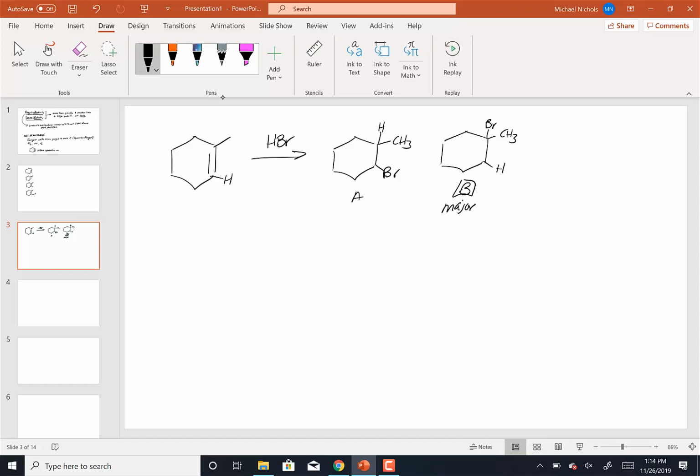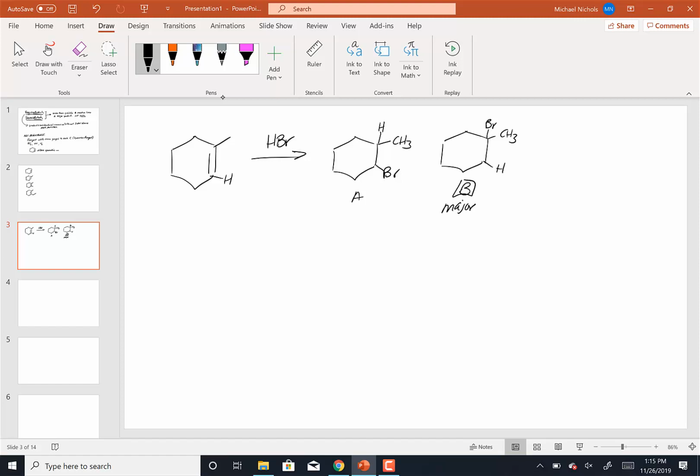So in this case, does this fit selectivity? I have two products, check. They are structural isomers because one is 1-bromo-2-methyl cyclohexane and the other one is 1-bromo-1-methyl cyclohexane, so those are different structures.